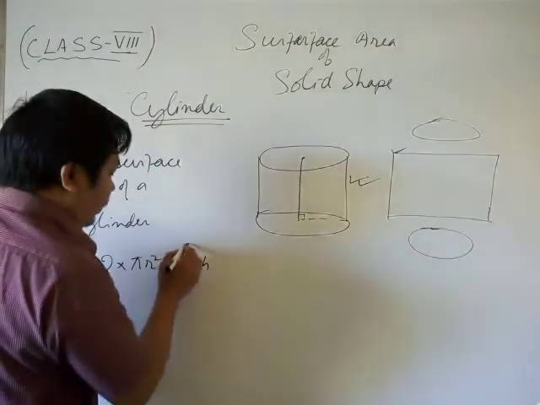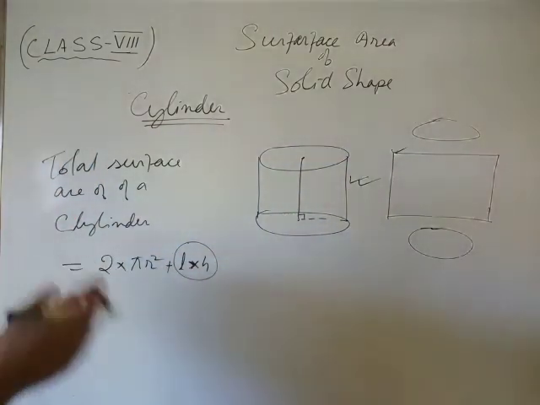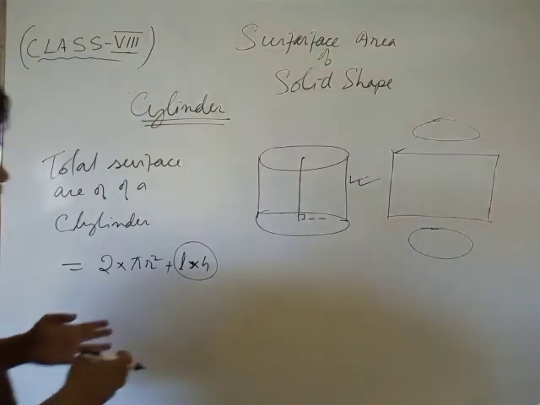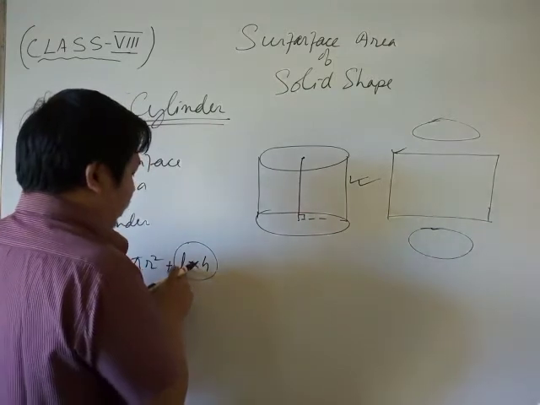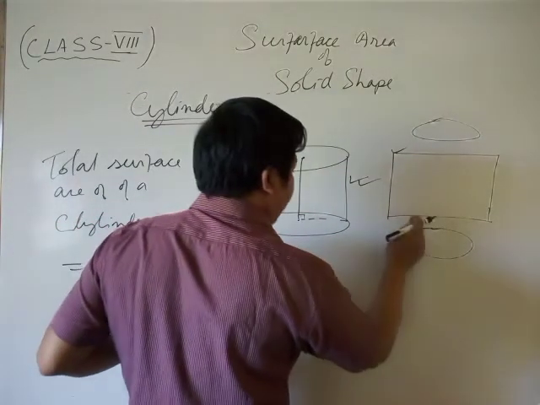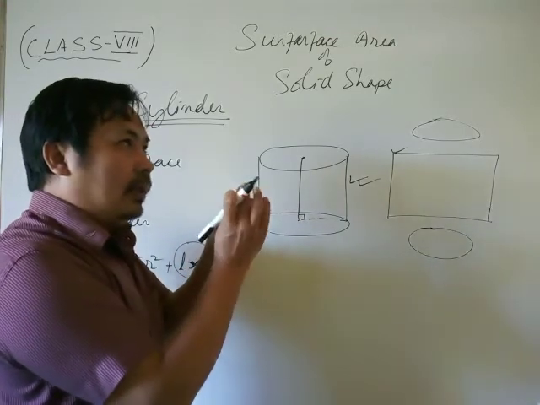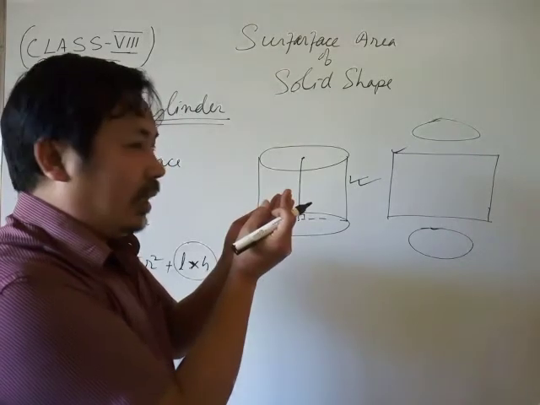But here, my dear student, we have a little illusion, a little more logic, about the rectangle. You cannot take it directly as a rectangle, but this length you bend to make the cylindrical shape.